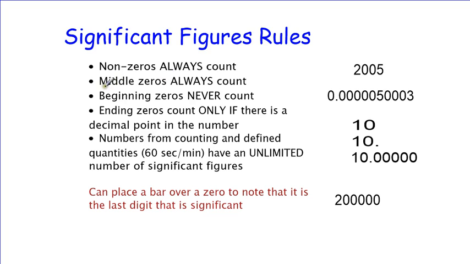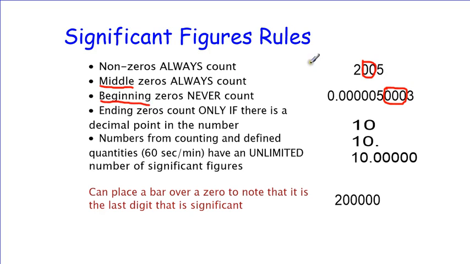Middle zeros, zeros in the middle of a number, are always significant. If you look at the 2005, those zeros are in the middle of the number. They're sandwiched in between two non-zero numbers. The zeros between the 5 and the 3 here are also middle zeros, so those will be significant.